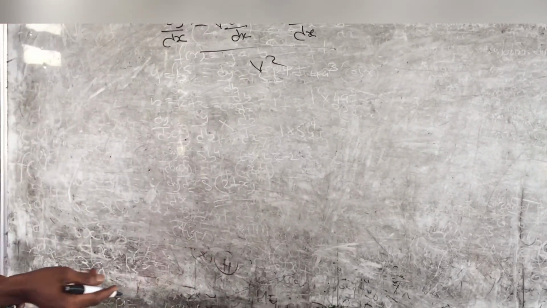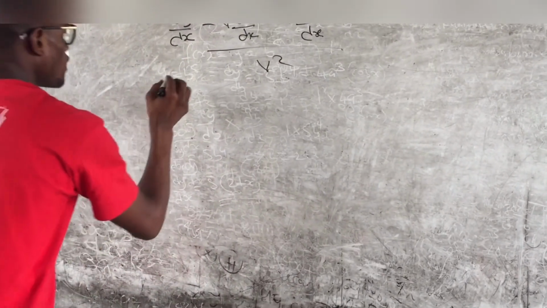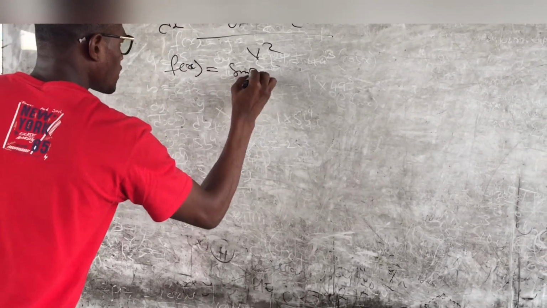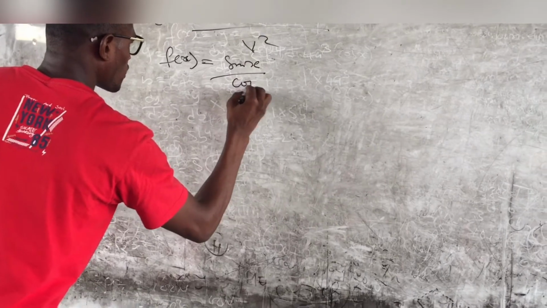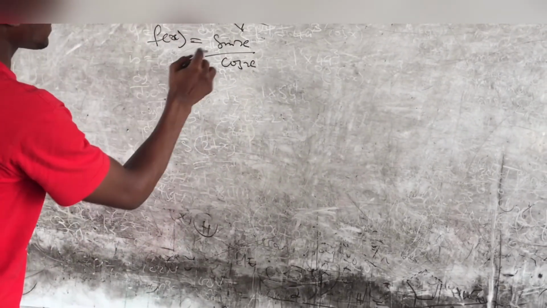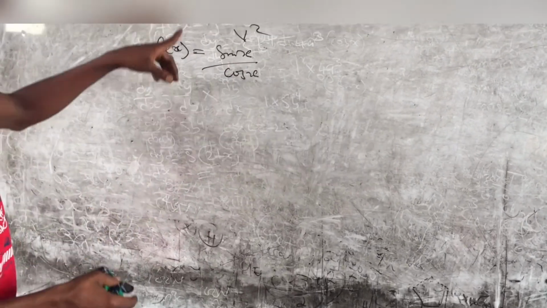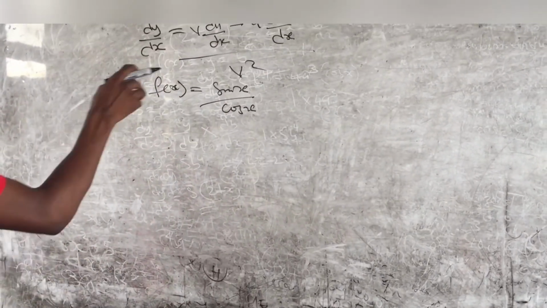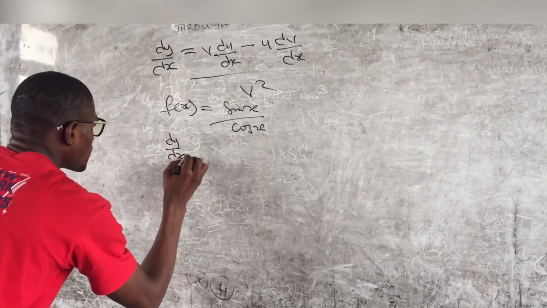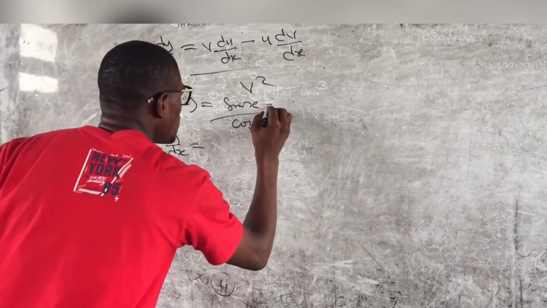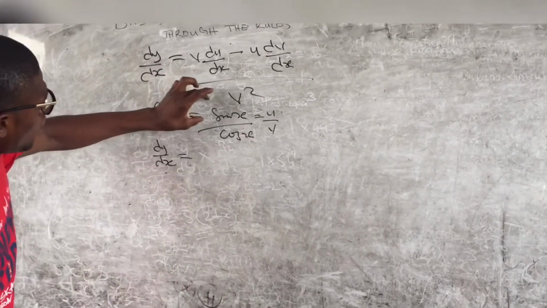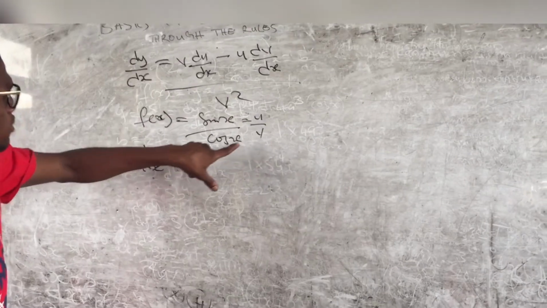So now, if I have a function f of x equals sine x all over cos x, and I'm to differentiate it, I'm going to use this formula. So dy over dx equals, now the upside will be my u, the downside will be my v.